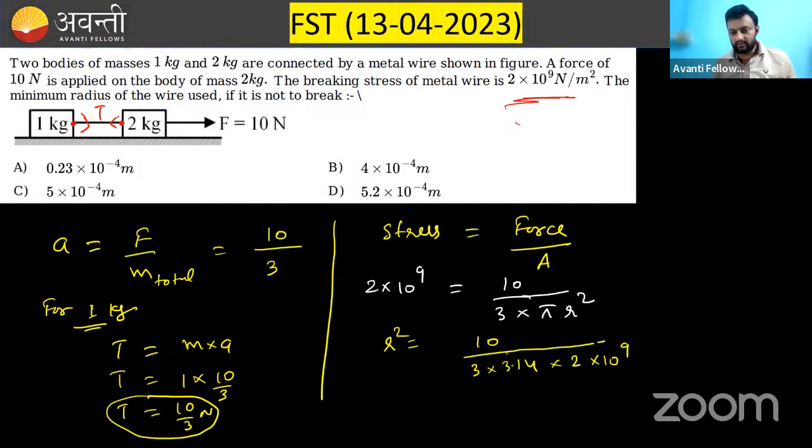This is r square. If I move this 10 raised to the power 9 above, it will become 10 raised to the power minus 9.